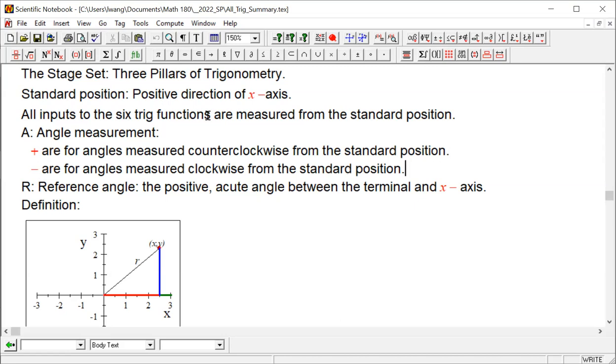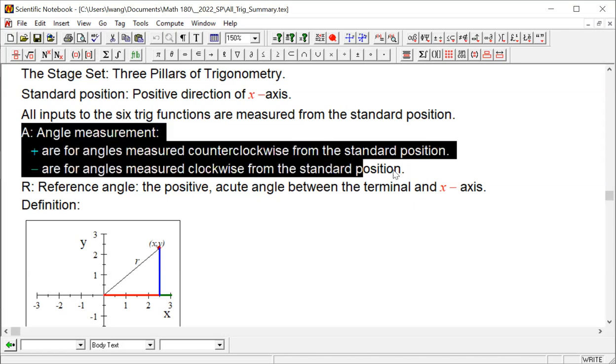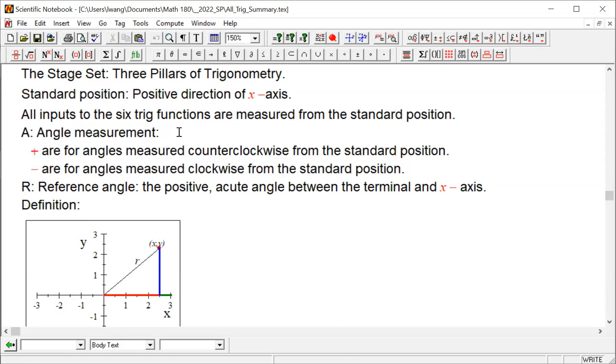So for all these functions, anytime an angle is used as input or output, it is measured by this angle measurement rule, whether it's the input for sine, cosine, tangent, cotangent, secant, cosecant, or the output for arc sine, arc cosine, arc tangent, arc cotangent.